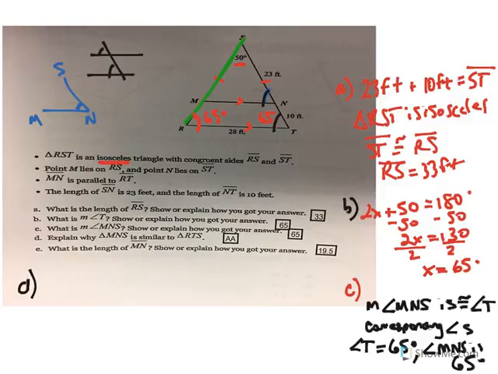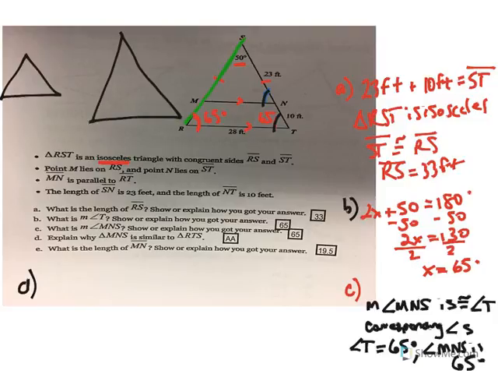Okay, so triangle MNS is this top one right here. As soon as we start comparing the two triangles to each other, we got to split them. Then we know exactly what we're talking about, what parts we're talking about, okay? So this is triangle RST, and that's the big triangle. And then the small one is going to be MSN.